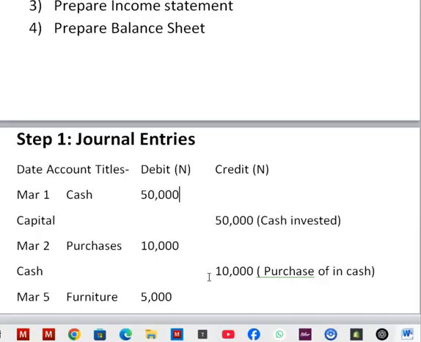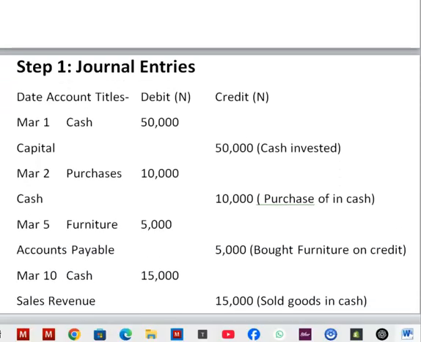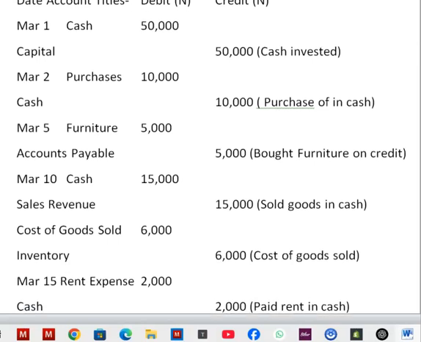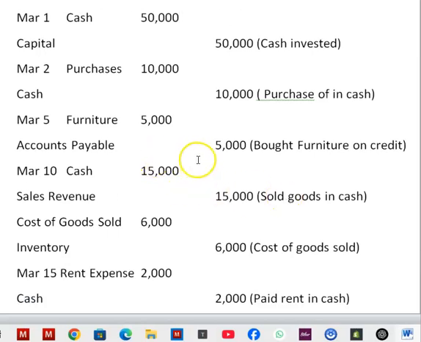Now, purchases is receiving and cash is giving, because the purchase is receiving the goods and cash is paying for the goods. So we are debiting purchases with the sum of 10,000 naira and crediting cash with the sum of 10,000 naira as well. Then on the 5th of March, we have bought furniture on credit.